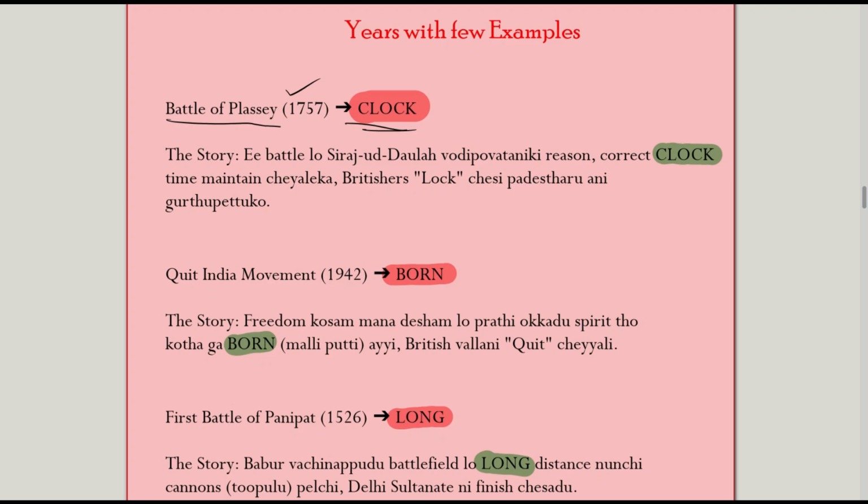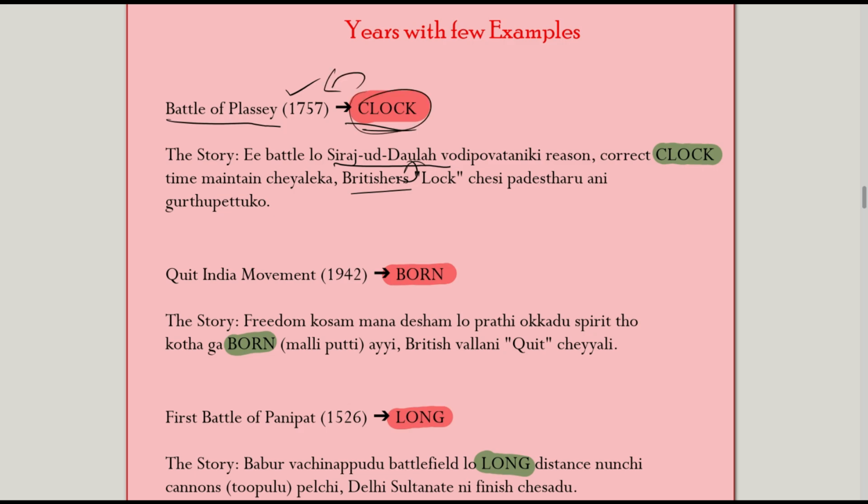So the Britishers captured him and he was a prisoner. This is the story. The main battle happened between Siraj ud-Daulah and Britishers, and in this battle, Britishers captured him. So this is the keyword, and this happened in this year.